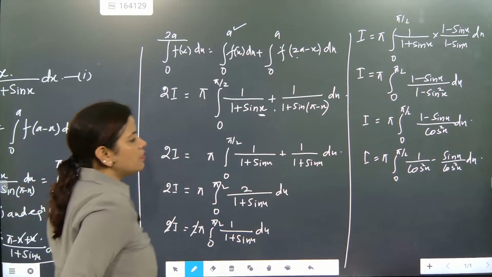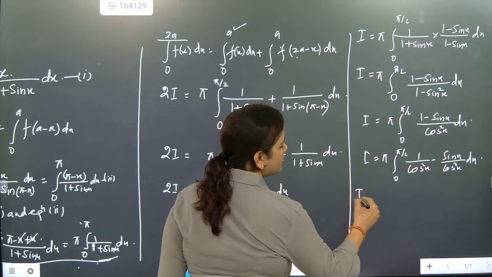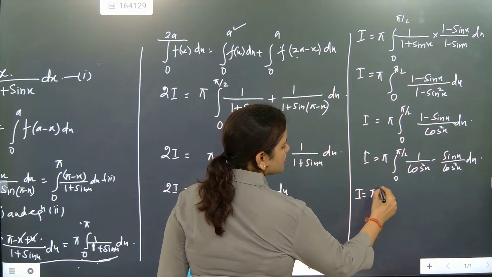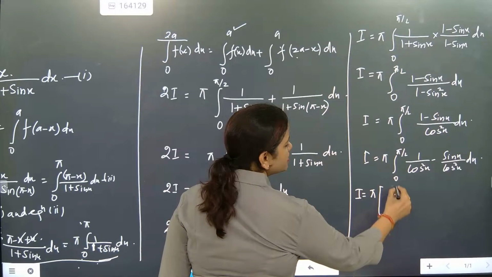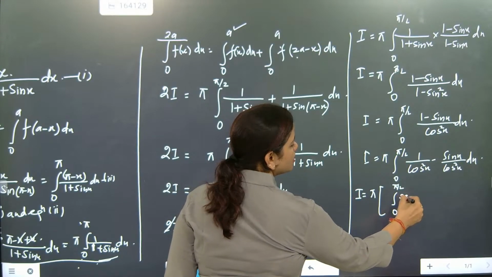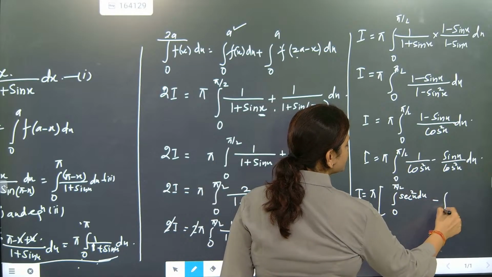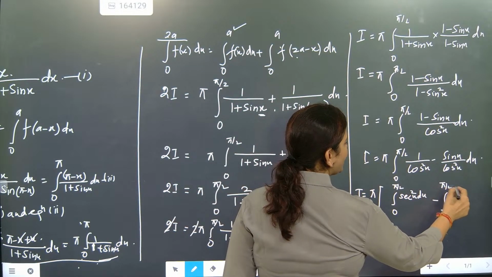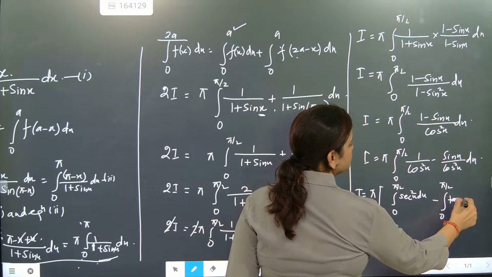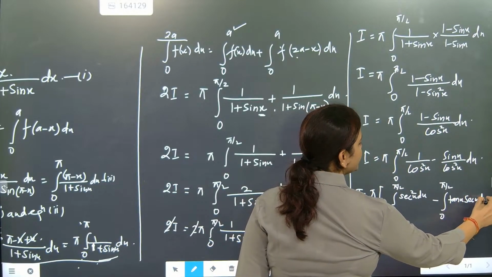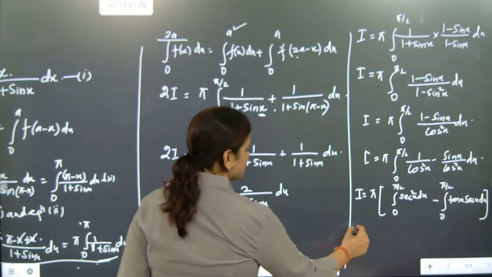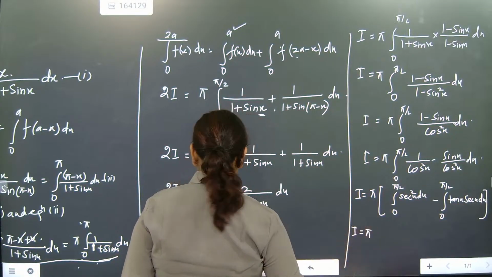Now beta, here what it will become: take pi common. It will become 1 by 0 to pi by 2 secant square x dx, and then minus 0 to pi by 2 tan x secant x dx. I is equal to pi.